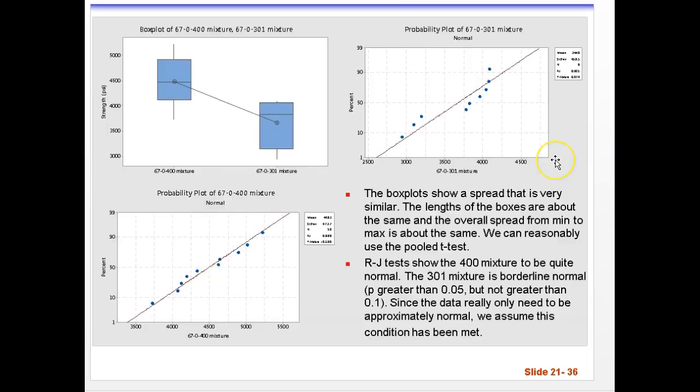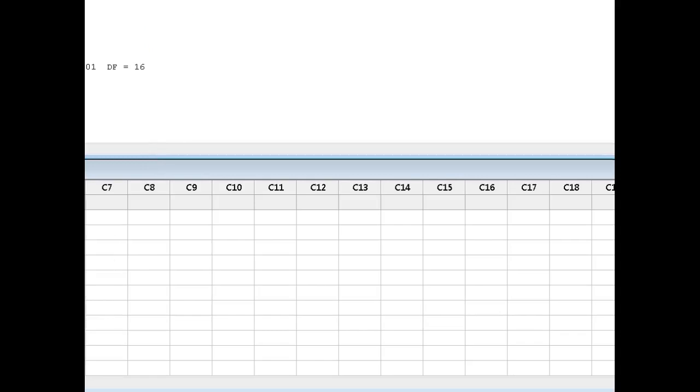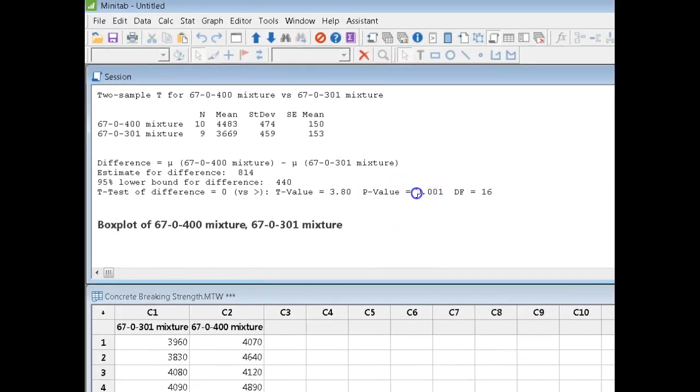We are asked to run the test at an alpha of 0.05. So we compare our p-value to 0.05. Going back into Minitab, is this number smaller than 0.05? The answer is yes. Therefore, I would reject the null in favor of my alternate. What does my alternate really say? It says that the 400 mixture has a higher breaking strength than the 301.